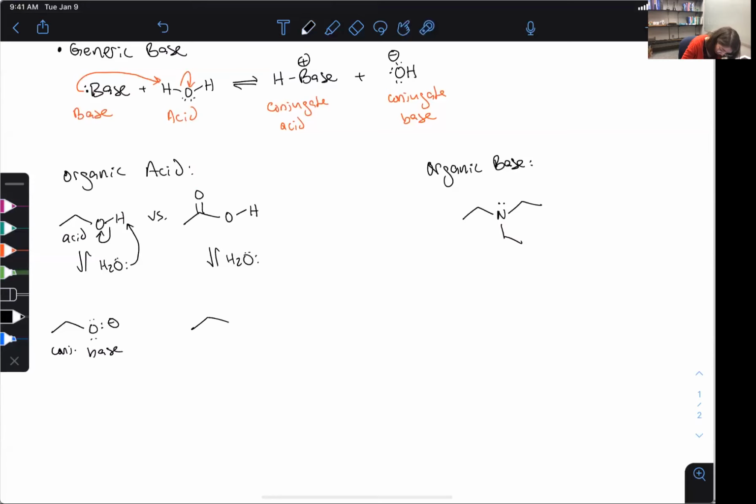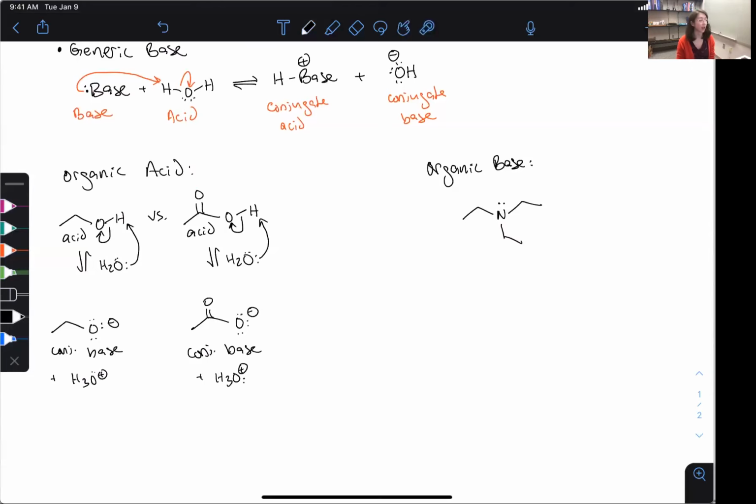And then we have the other side, same thing. And we're going to go grab that proton. Electrons move onto the oxygen. We get that conjugate base. And in both cases, we're going to form H3O plus. And that's our conjugate acid, okay?